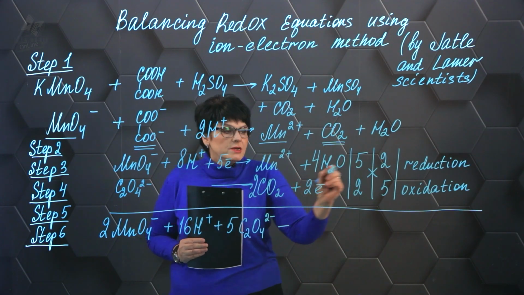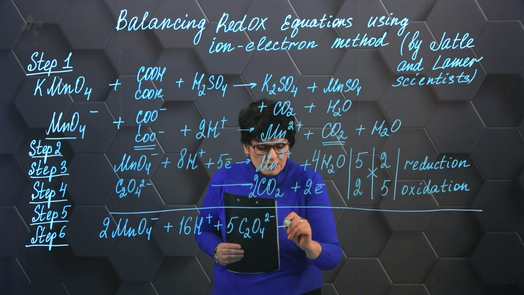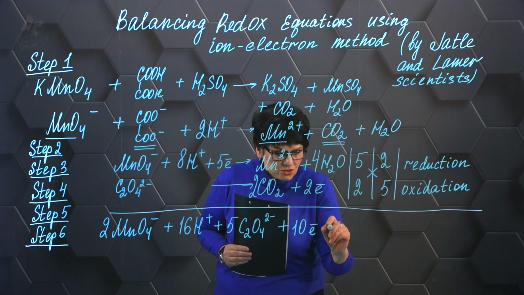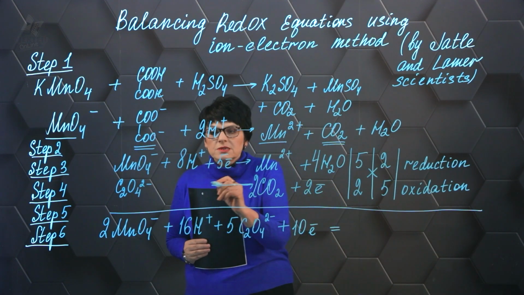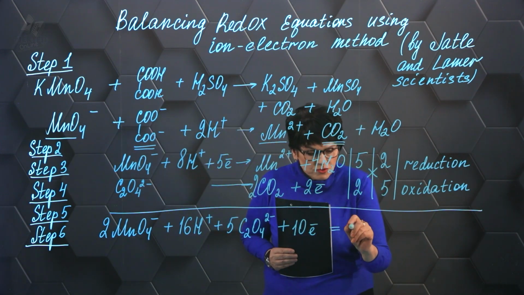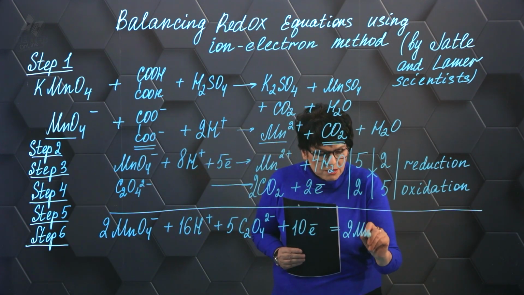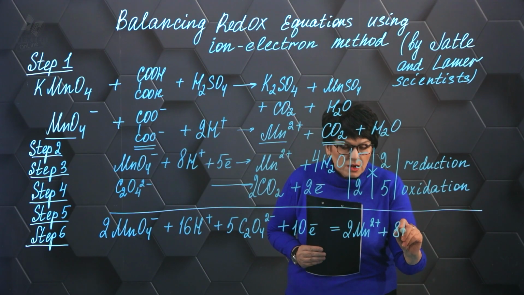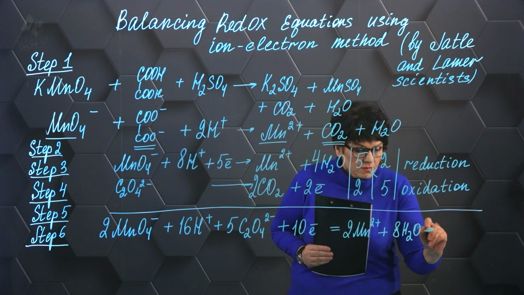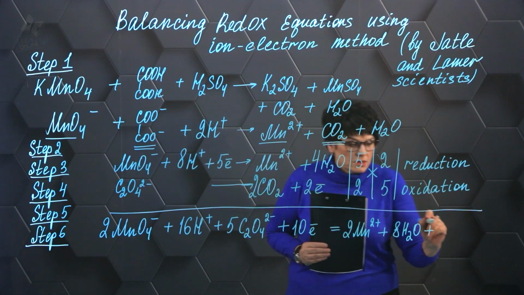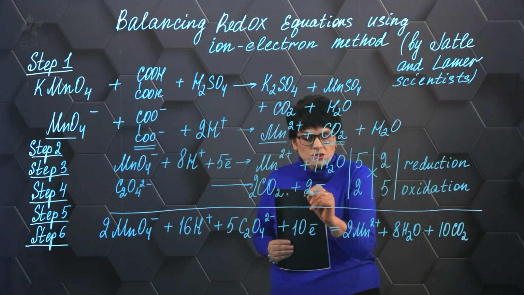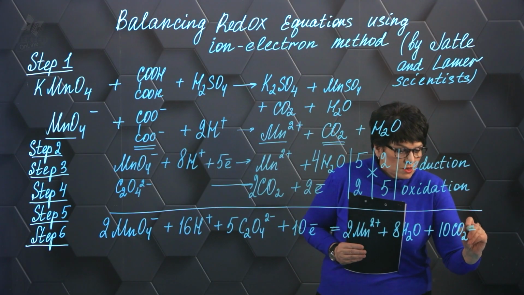In the total number of electrons we have on the left side, we have the acceptance of 10 electrons. And on the right-hand side, with the multipliers, we have 2 Mn2+ plus 8 H2O plus 10 CO2. And the total number of electrons that are given up will also be 10.